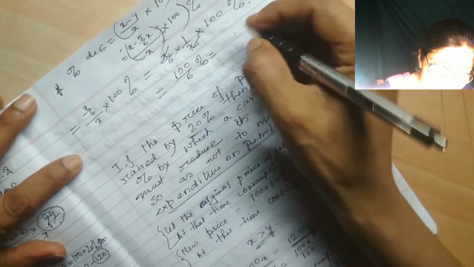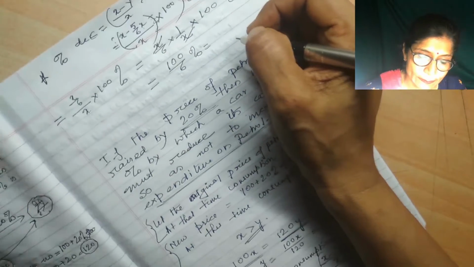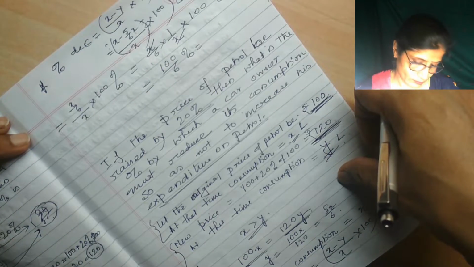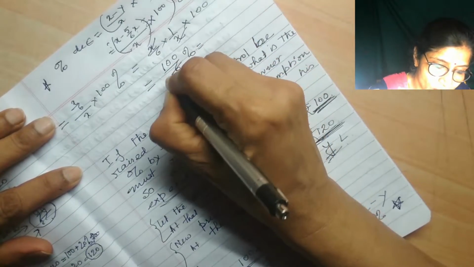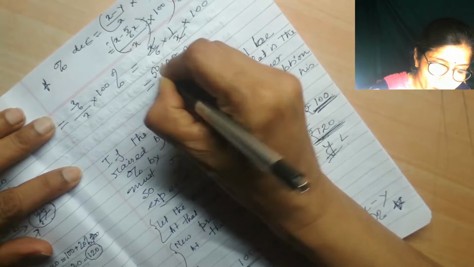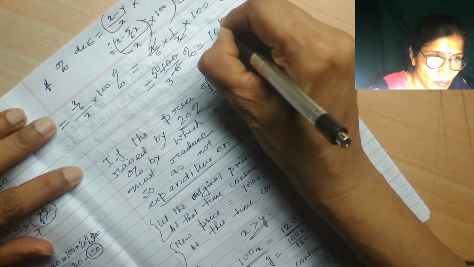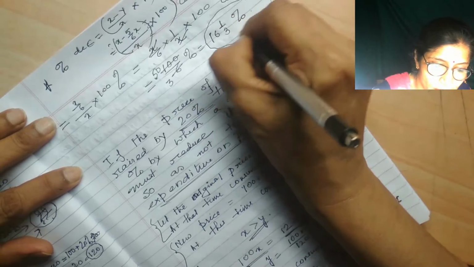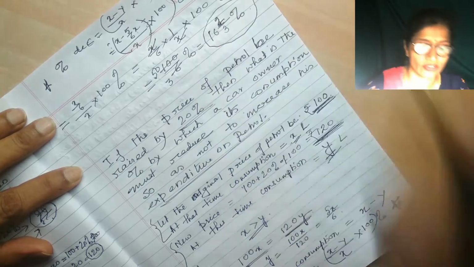If you calculate, that is equivalent to 16 2 by 3%.